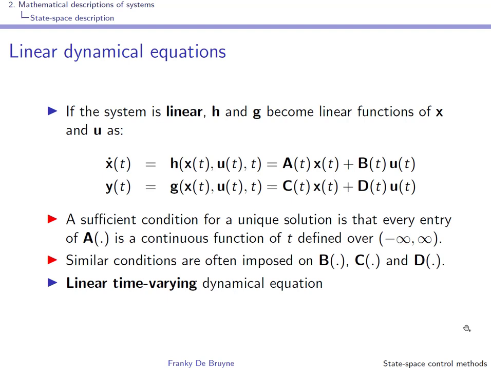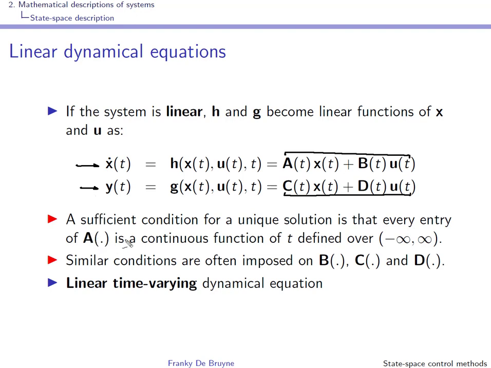When the system is linear, h and g become linear functions of x, so x dot will be equal to this equation here, and y of t will be equal to this equation. Remember that this is the state equation, it's a dynamical equation, and this is the output equation, and this is a static equation.